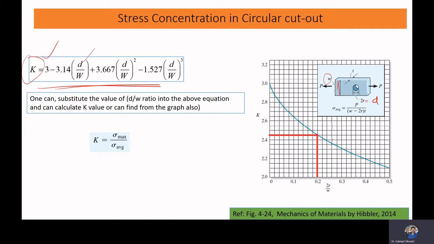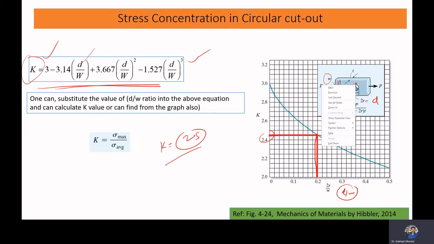So if we have a finite plate with a finite width W, the stress concentration factor can be written in this form. If we know the value of D by W, from this graph you can get the data. If you plot it, you will get a value of nearly 2.5. The stress concentration factor will be 2.5, and from that we can find the maximum stress occurring in this zone.